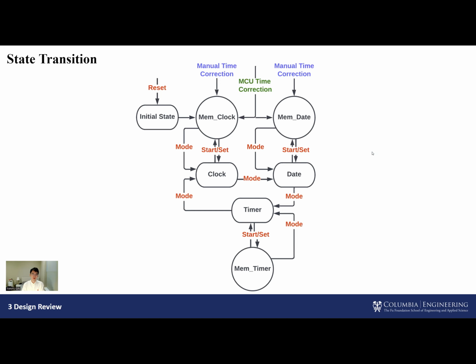For each of these 3 time setting modes, we can use 3 buttons to do manual time corrections. And very specially, we also built a MCU interface, so we can read the data from our Arduino board to do the MCU time correction automatically.